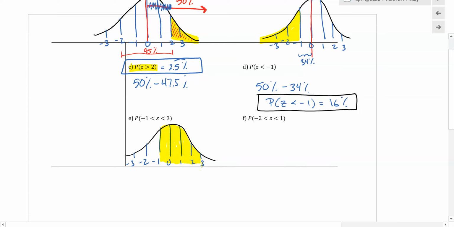So this yellow shaded part I want, isn't that 100% minus the 16% I'm trying to get rid of here, minus the 0.15% I'm trying to get rid of here? Right? So what is that? 100 minus 16.15 is 83.85. So if I'm doing the math right, 83.85% would be the probability of landing in that yellow shaded region there.